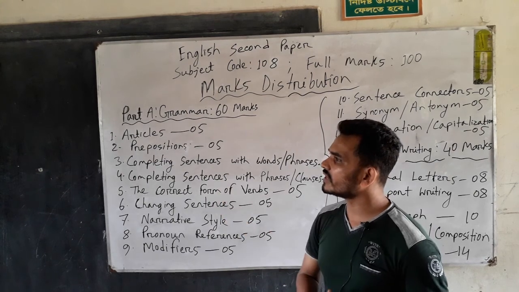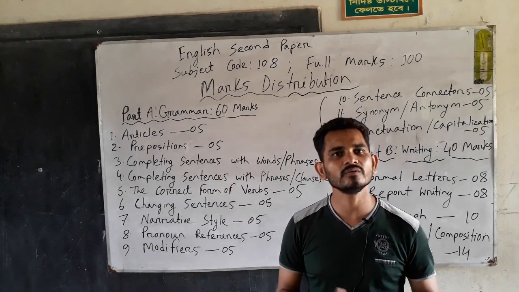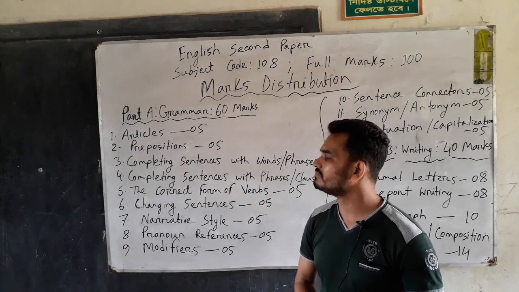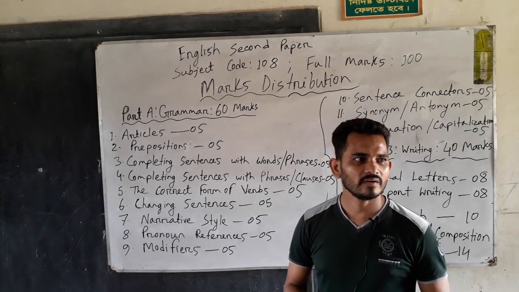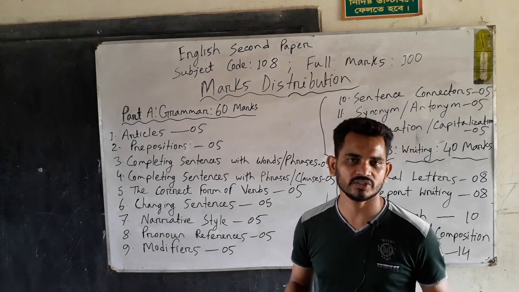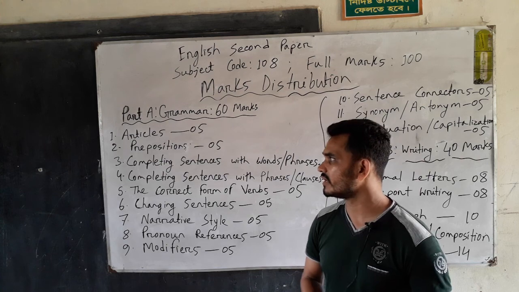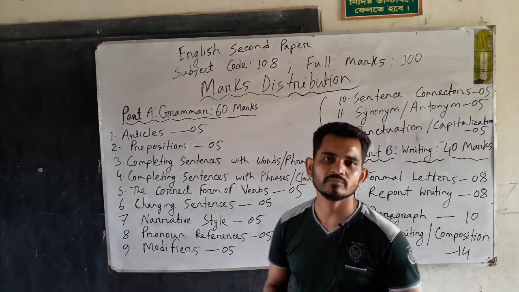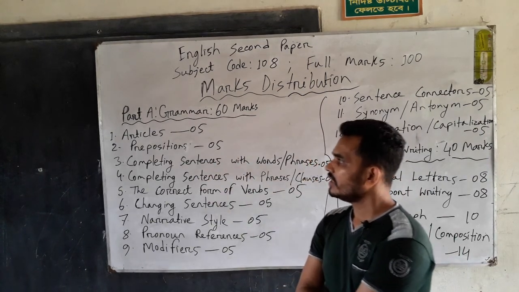So for answering question number 1, you should know the rules of articles. For question number 2 you will also have 10 gaps, and for filling the gaps you will have to use different kinds of prepositions. By using correct prepositions, you will have to fill the gaps and you will have 5 marks.